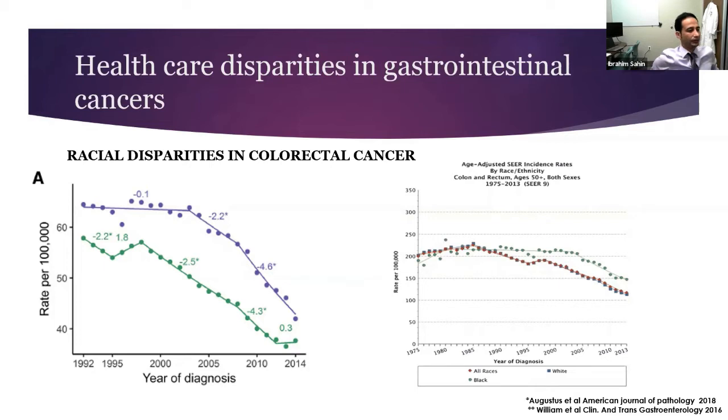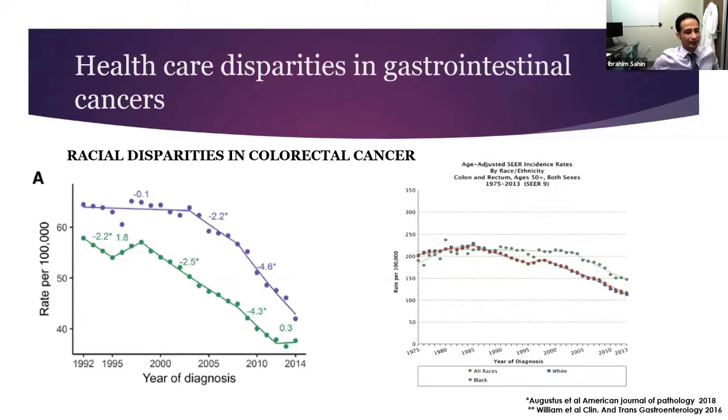Although screening has reduced the rates of colorectal cancer in the United States, the gap between Black society and white society has never really closed, and it still remains in the 21st century. On the right is another database that was assessed, the SEER incidence rate in the United States between 1975 and 2013.